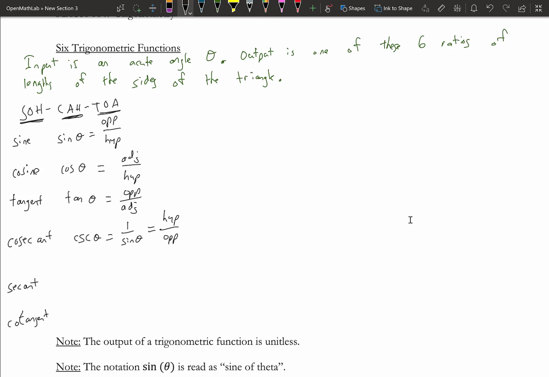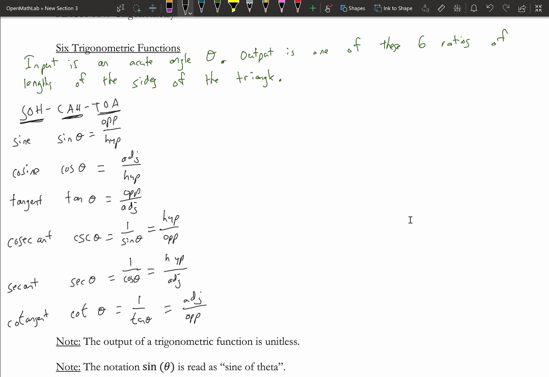Secant of theta is the multiplicative inverse of cosine, so this would be 1 divided by cosine theta, equal to the hypotenuse over the adjacent. And then cotangent, we abbreviate COT of theta. That's equal to 1 divided by tangent of theta, so we flip tangent and get adjacent over the opposite.